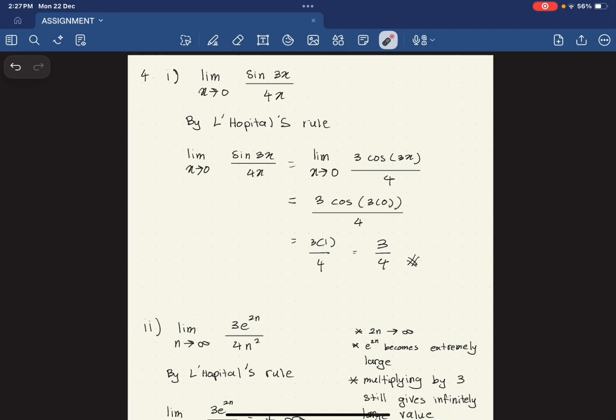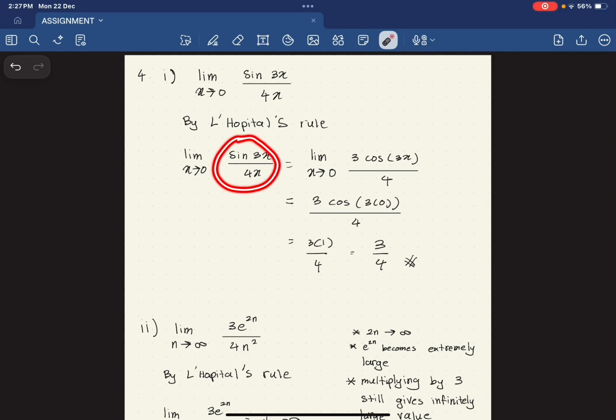So we need to differentiate this sine 3x over 4x. It will produce 3 cos 3x over 4. Then we substitute the value of x, which is 0, into the equation, and we get the answer 3/4 for the first question.